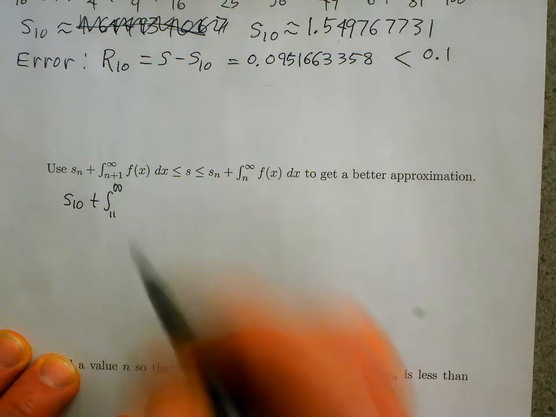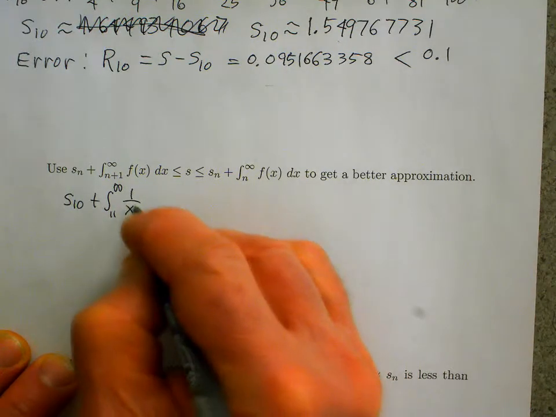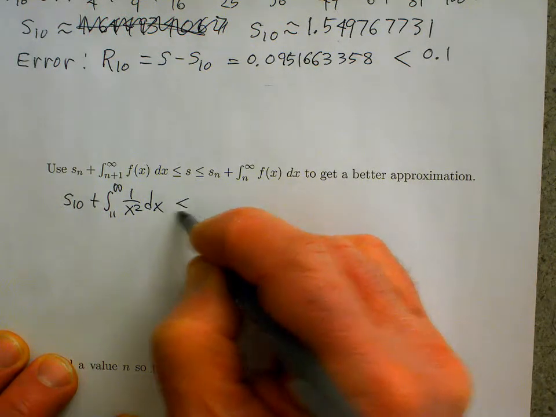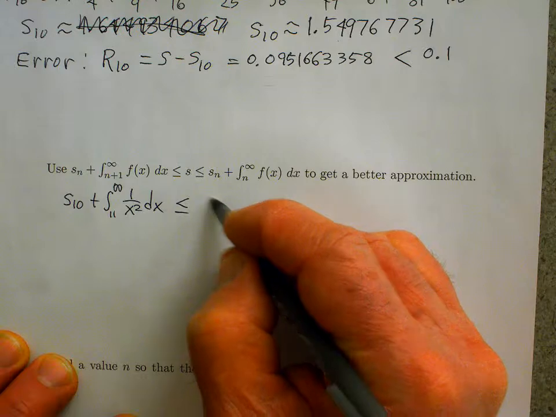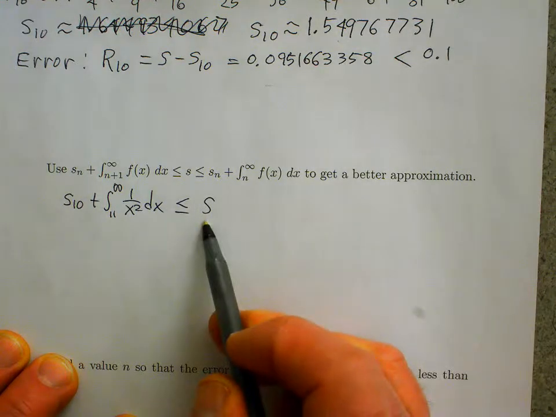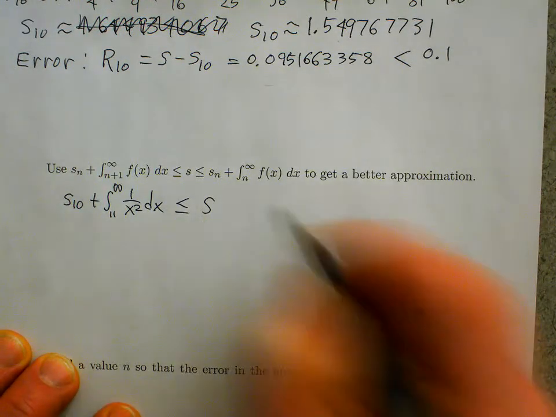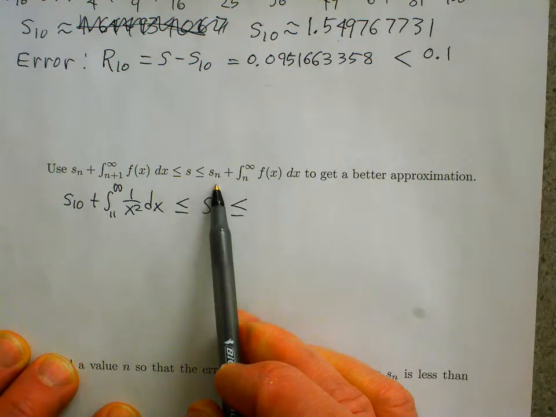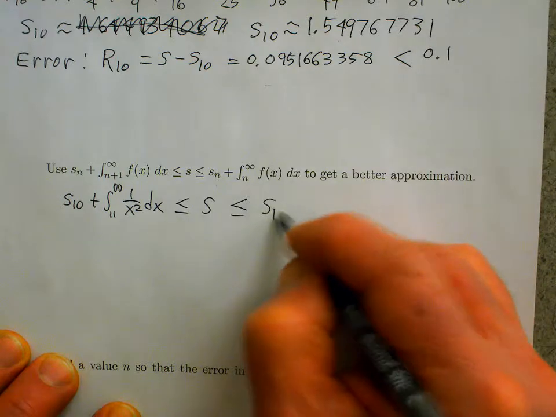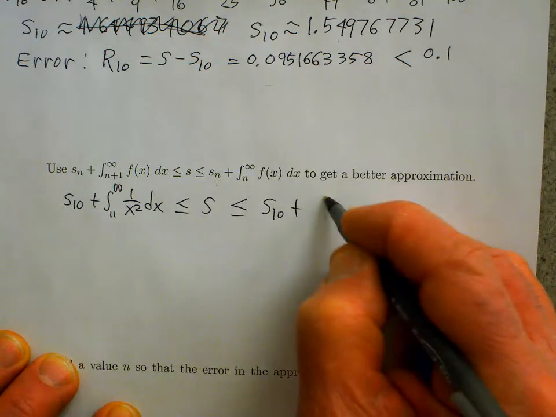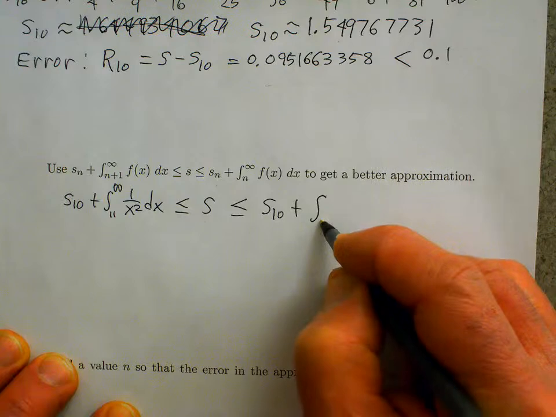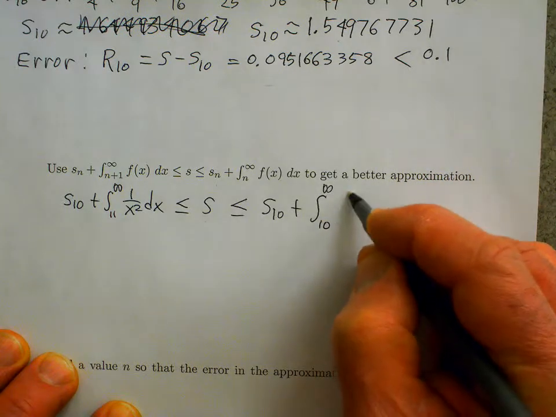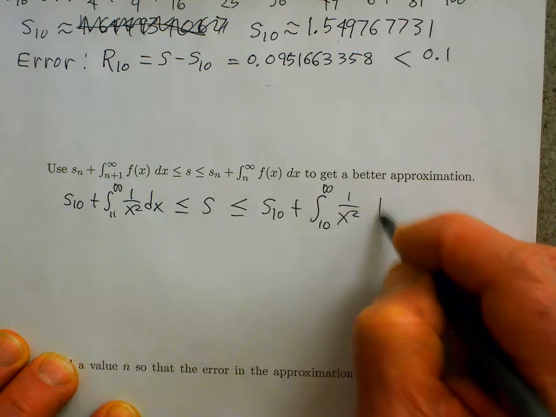Our f of x is 1 over x squared dx. And this is less than the actual sum s, which is less than s sub 10 plus the improper integral from 10 to infinity of 1 over x squared dx.